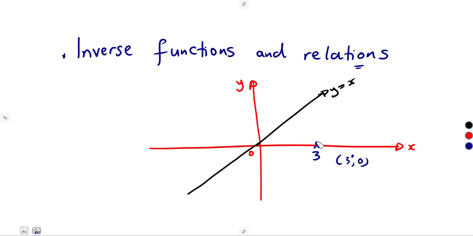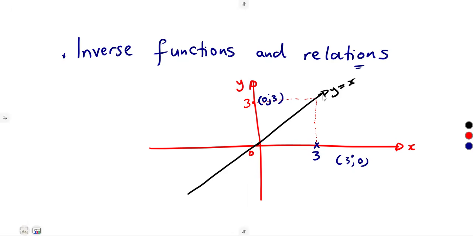It is going to move towards the line, producing 90 degrees. The distance that it moved going up is the same as the distance we are going to have on this side. So it's going to be at the point where x is 0 and y is 3.